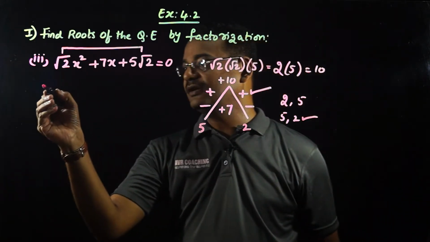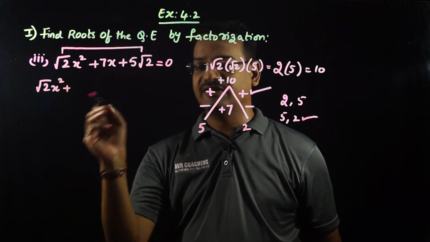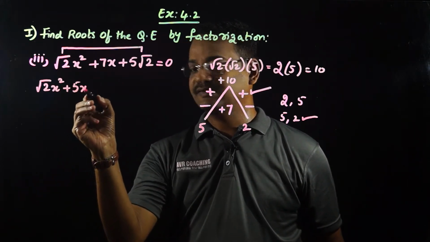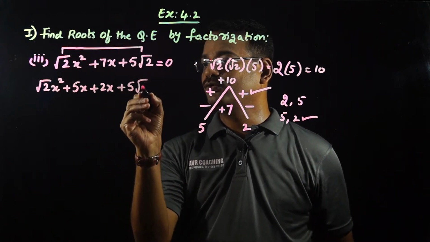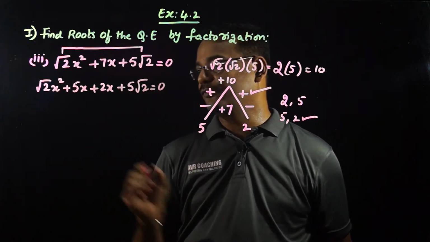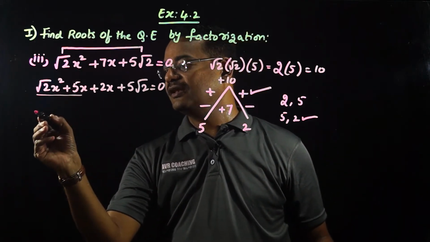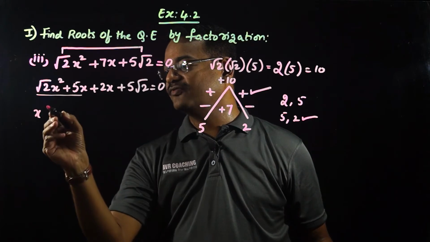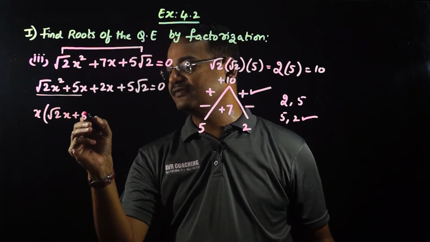So we will split root 2x square plus 7x plus 5 root 2 equal to 0 as root 2x square plus 5x plus 2x plus 5 root 2 equal to 0. So in the first two terms, clearly we have x as the common factor, so we'll have root 2x plus 5.